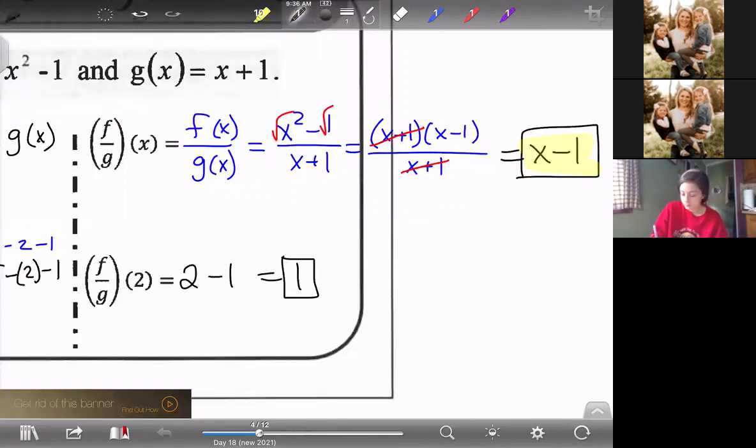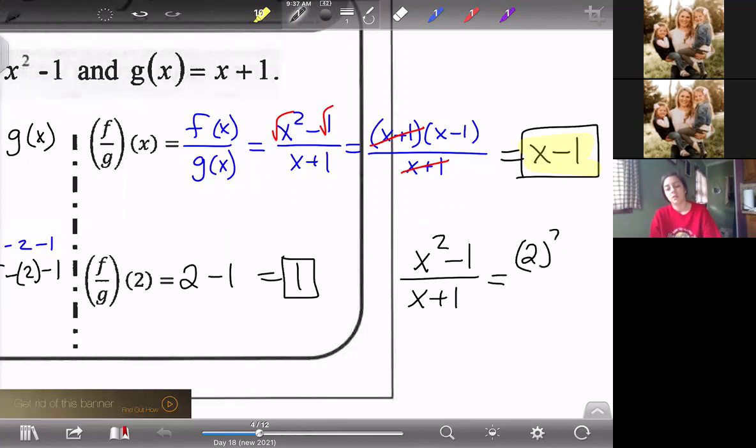However, if we hadn't already simplified this, we could go back to f of x divided by g of x, so the x squared minus 1 over x plus 1, and we would just plug that 2 in. So we would plug in 2 squared minus 1 divided by 2 plus 1 and still get that same answer of 1.